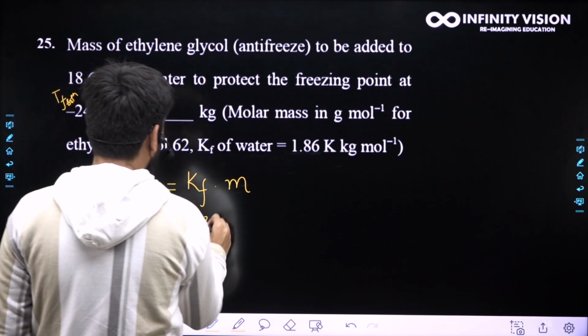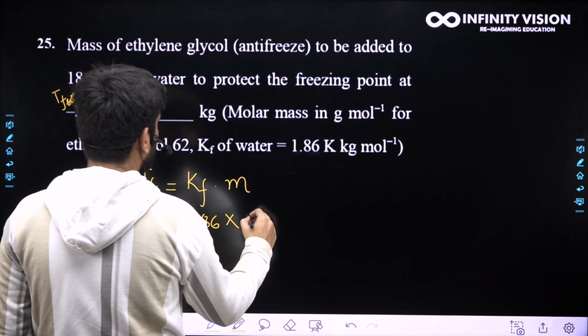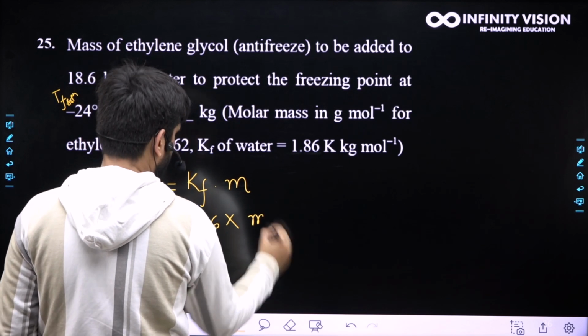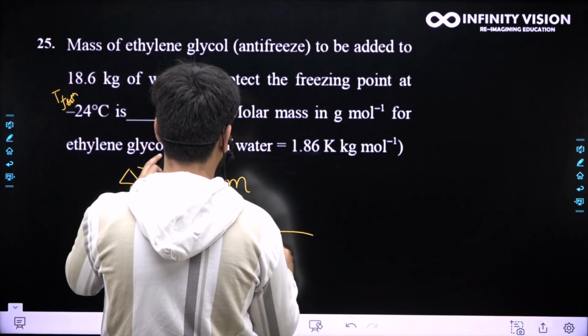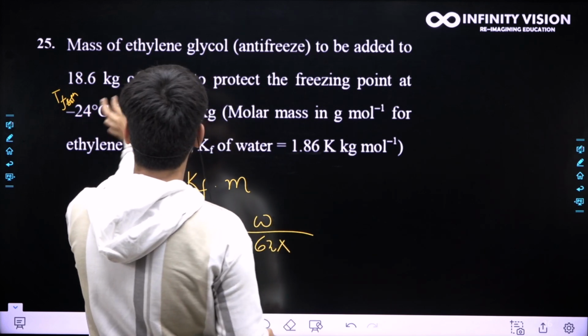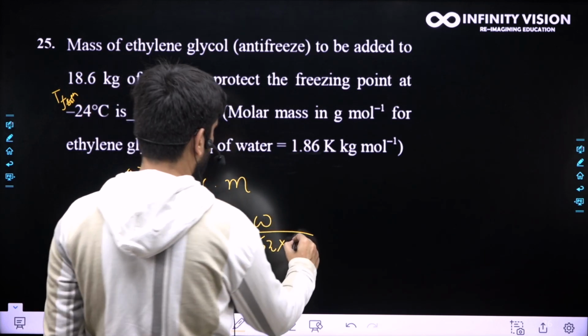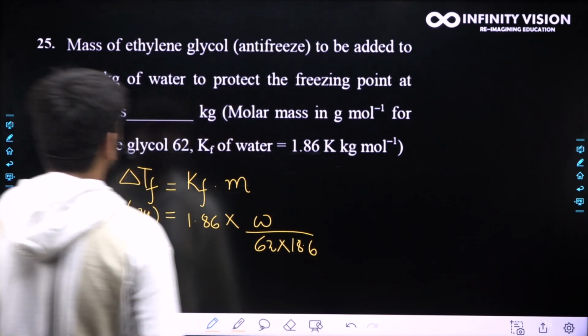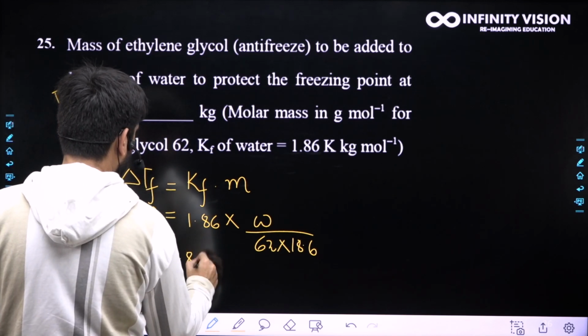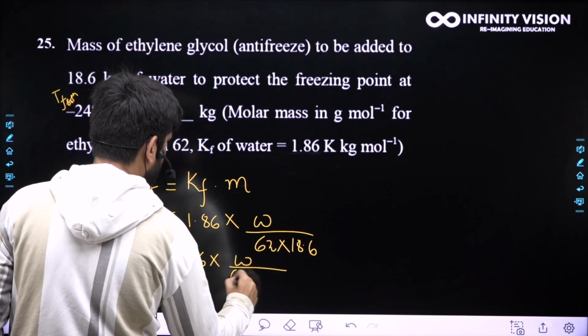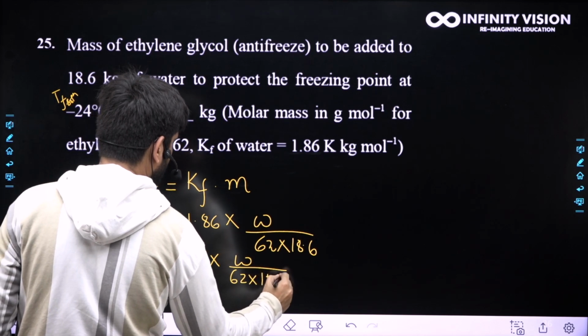Kf is 1.86 for water, and molality is given mass, that is what you are supposed to find out, upon molar mass, which is 62, right? And the mass of water is 18.6 kg, right? So this is 24 is equal to 1.86 into W upon 62 into 18.6.